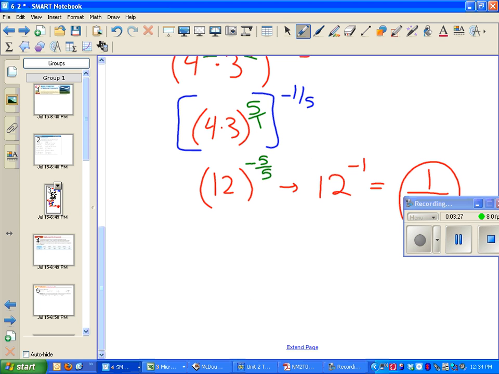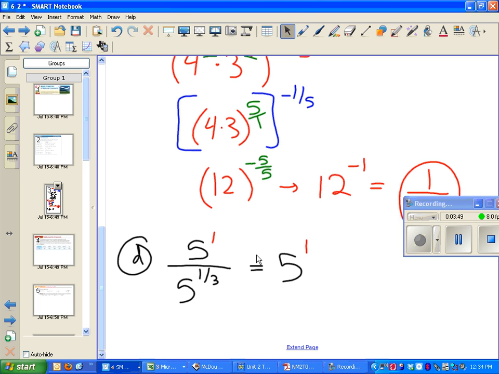So for D, we have 5 over 5 to the 1/3 power, right? So we don't write it, but this is actually 5 to the 1st, and since we have the same bases and it's dividing, we are going to subtract the exponents. So that means we have 5 to the 1st power minus the other exponent of 1/3.